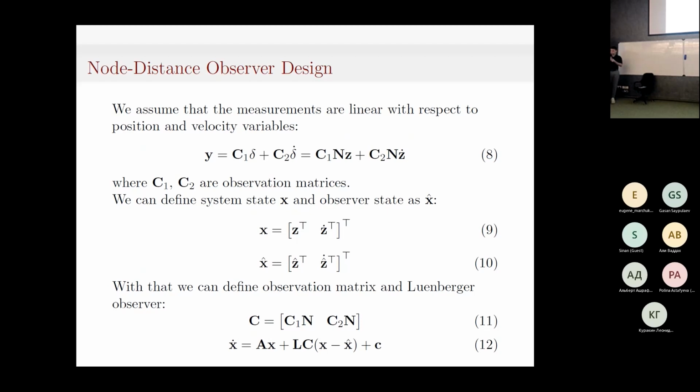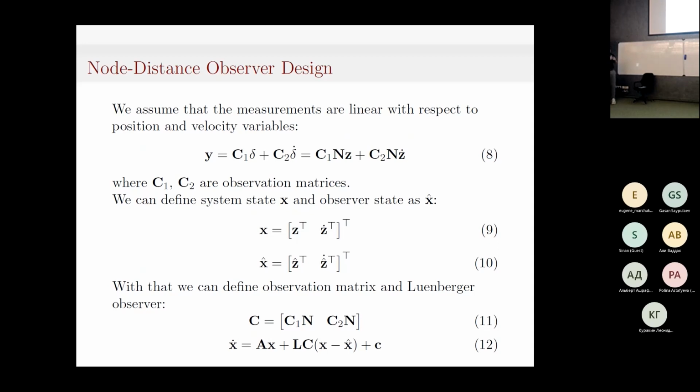Basically, we assume that measurements are linear with respect to position and velocity, and you can see our design in formula 8. Also, to put everything in a state space form, we need to define a system state and observer state. We've done it using formulas 9 and 10.